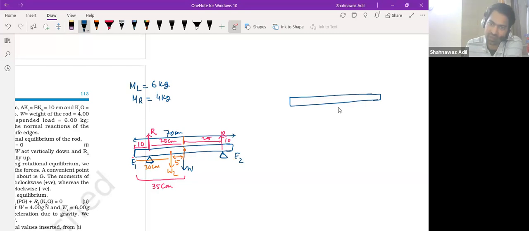What are the forces that we have? This is our weight, which is 4 kg, so the weight would be 40 Newton, right? And then we have this load, which is 60 Newton. And then we have the reactions R1 and R2, right?